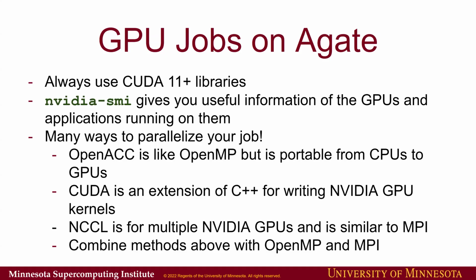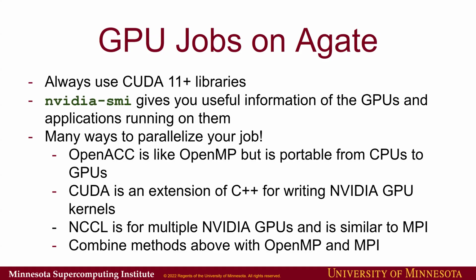NCCL, pronounced "nickel", is for multiple NVIDIA GPUs, and it's similar to MPI, if you're familiar with that message passing interface. It's for doing collective operations between GPUs. And then you can combine the different methods with OpenMP and MPI as well. So if you have jobs across multiple nodes, or if you want to parallelize things on the CPU, you can combine them with the parallelization on the GPUs.